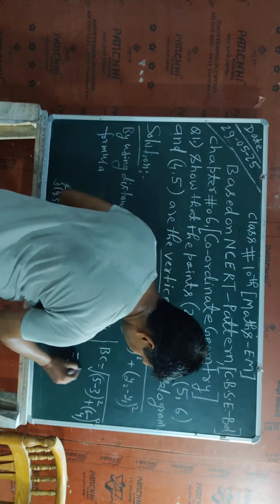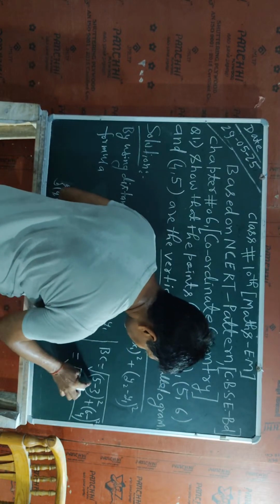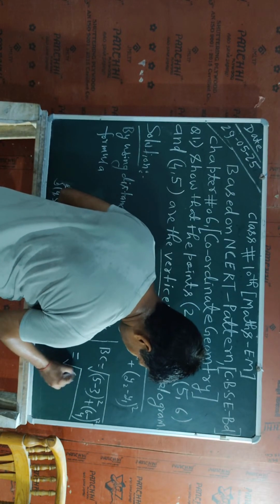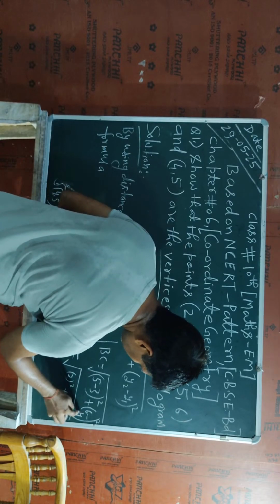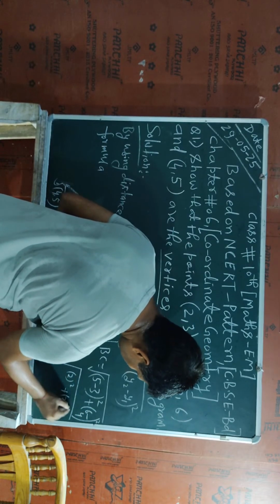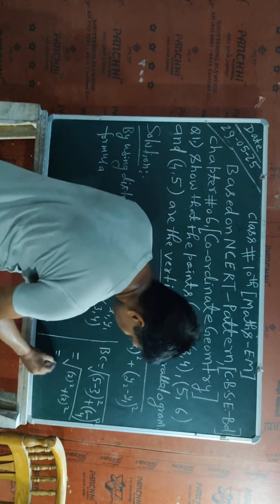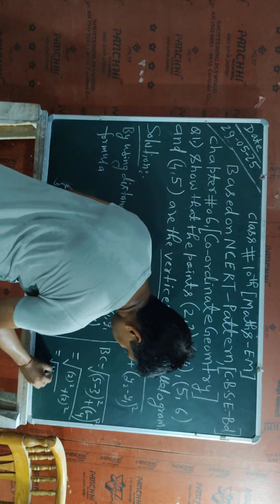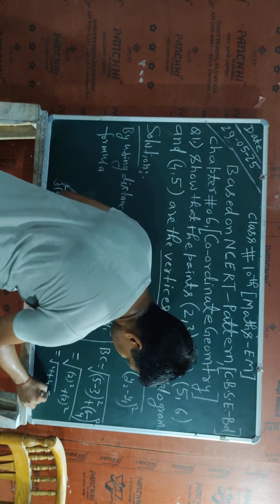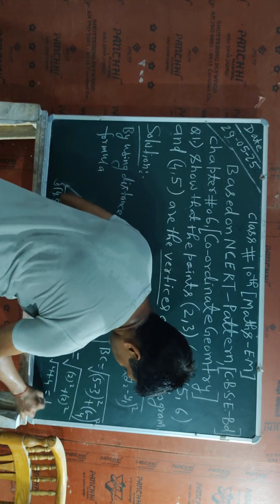So I will simplify. After simplifying I will write 5 minus 3, that is 2 whole square, and 6 minus 4, that will be 2 whole square. So this will be 4 and this will also be 4. It will be root under 8.